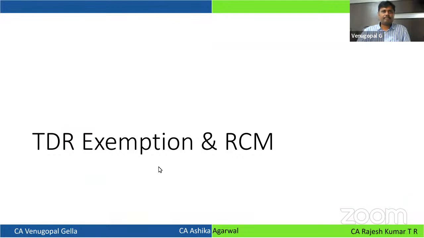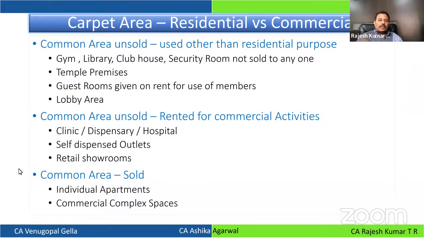Yeah, I think Venu, the one point I want to just minutely explain in your previous slide. You can just go back to the previous slide. See, this unsold, when we use it, it is saleable. Unsold is one possibility, and it is not saleable because it is a part of the common utilities, to be understood very carefully, because the developer has a right, sometimes in the agreement.